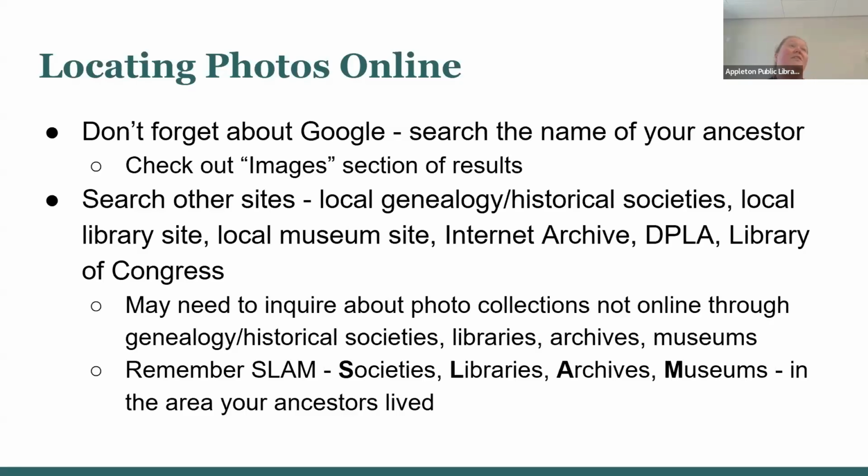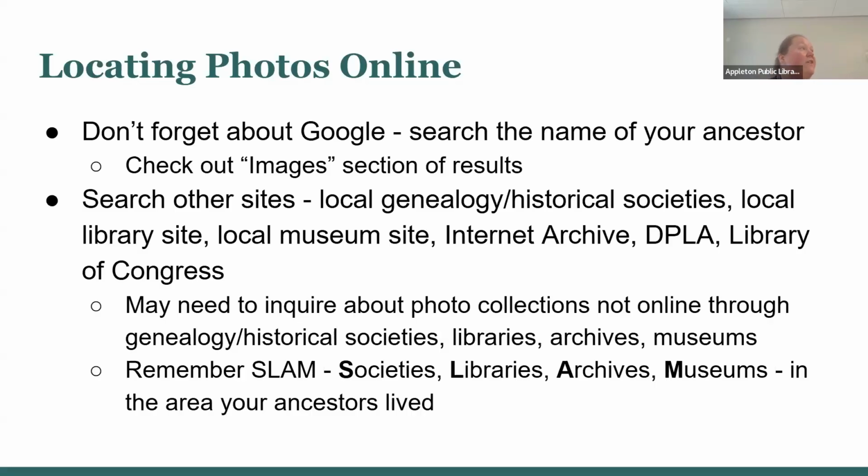There's Internet Archive, there's the Digital Public Library of America, there's Library of Congress. We talked a lot about these other repositories in our January session earlier this year. If you want to go back and look at some of those for some demonstrations and a little bit more information, again, that's on our website where you can get a link to that video and that handout.